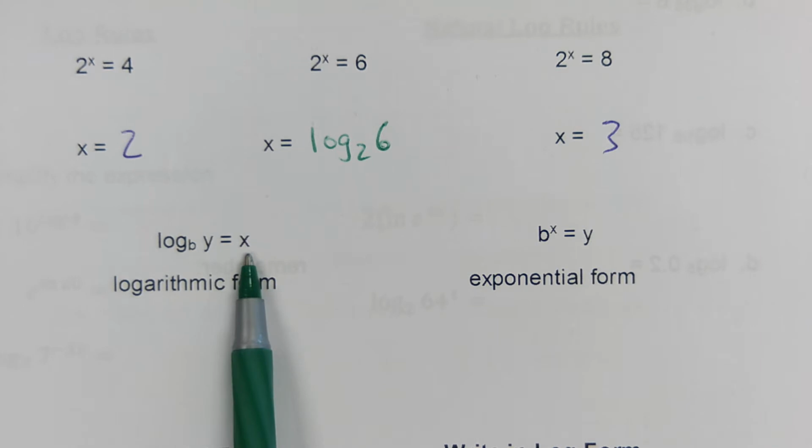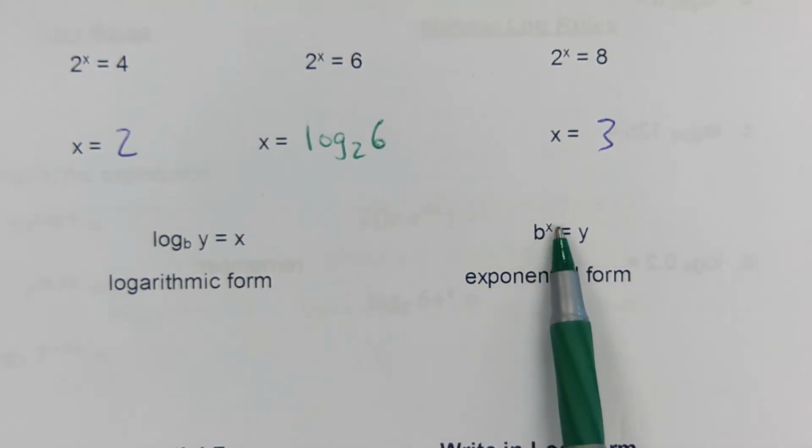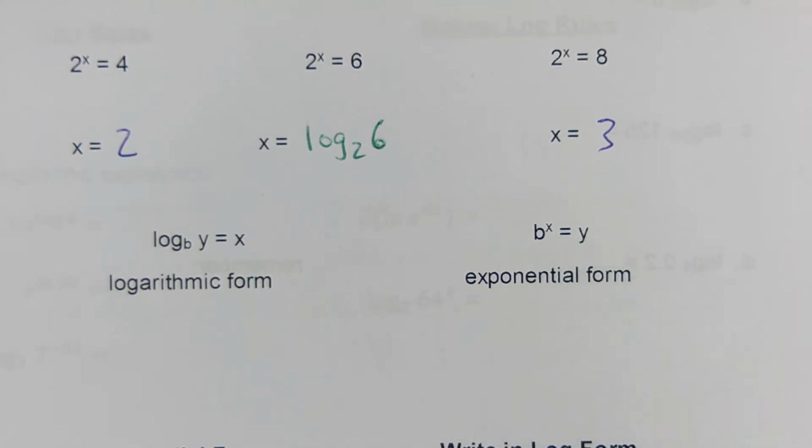This is the exact same thing as saying b to the x equals y. And this is exponential. And what they do is they say, here's how you convert from one to the other. Now I'm going to show you this because it's a trick that works, but it does not explain to you what a logarithm is. And that's why you'll never see me do it again after this.